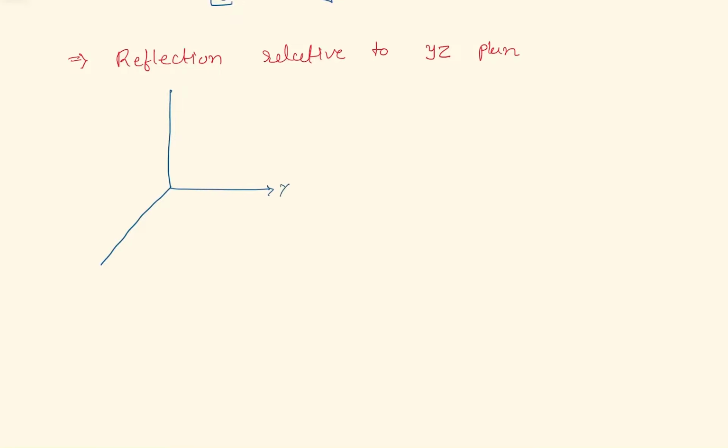These are our three axes x, y and z. Now reflection about YZ: this is the y and z plane, so the reflection of this x is in the YZ plane, like this, right?